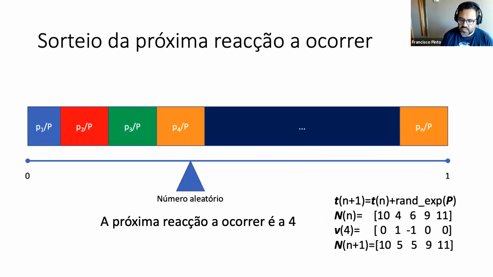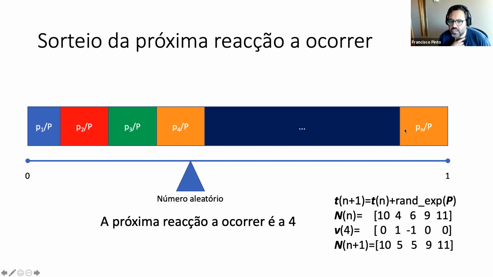So how does this random choice of the process occur? Imagine that you were at a given time. You generated the time to the next event using the sum of the propensities, and you get the new time step. That was your original state. So it was a model with 1, 2, 3, 4, 5 variables, so you have 5 different molecules in your system.